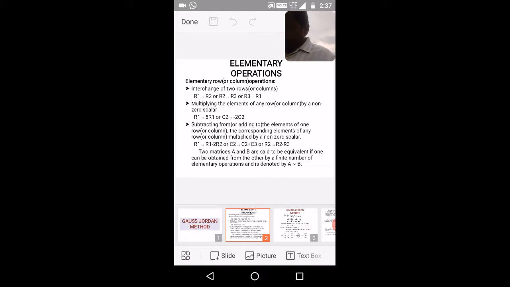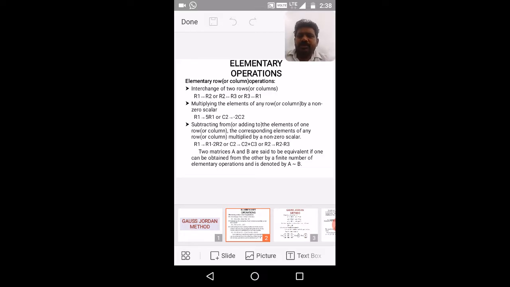So first we go for the elementary operations discussion.